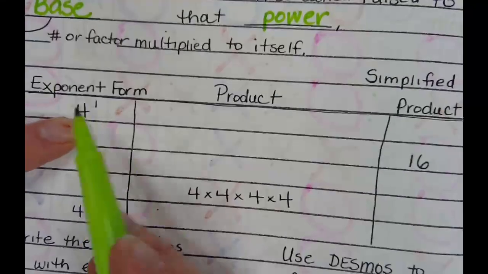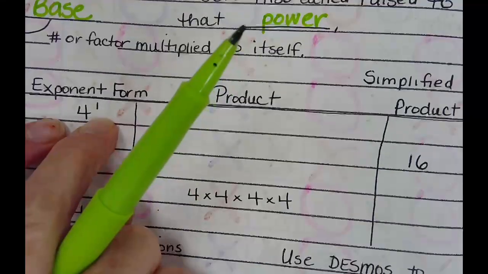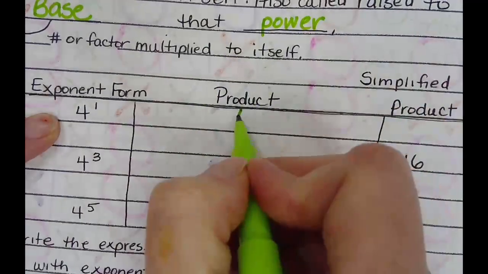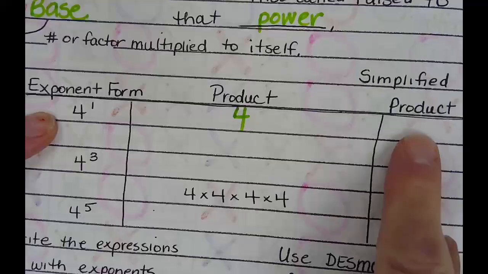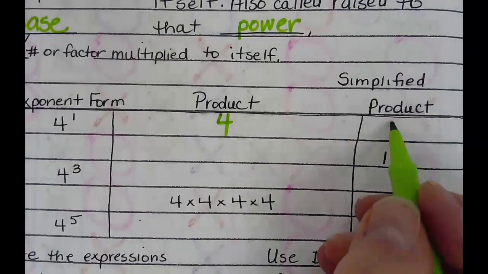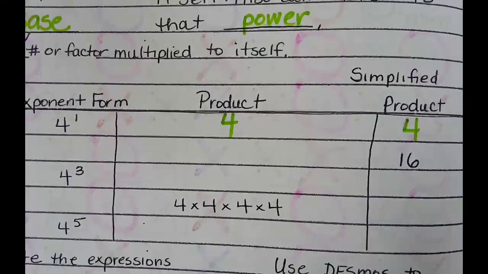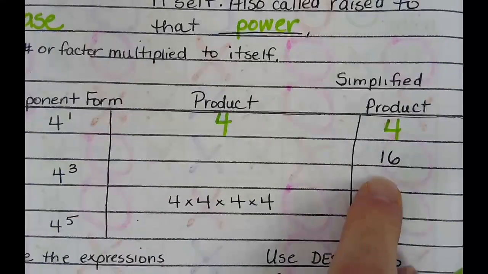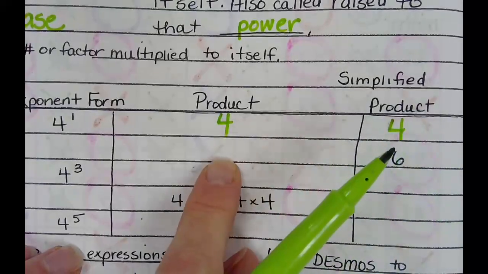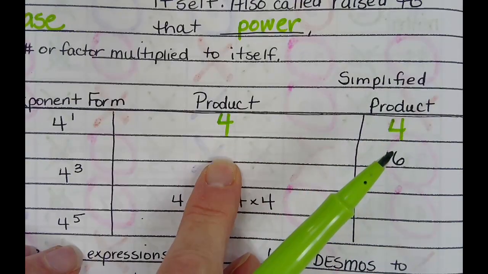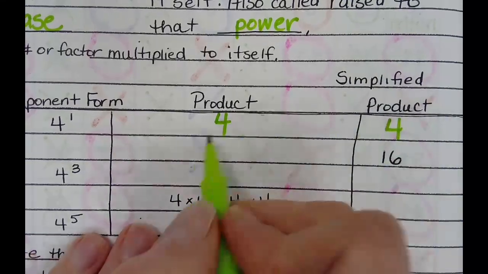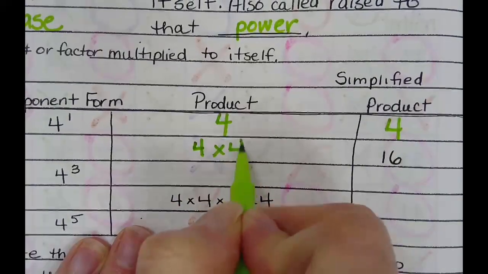So if I have 4 to the first power, I'm only going to write this factor or base one time. The product is what I get. If I have 4, what do I get? It's 4. Now, I have an answer of 16. Notice all these deal with 4s. How many 4s am I going to multiply to get the 16? 4 times 4.